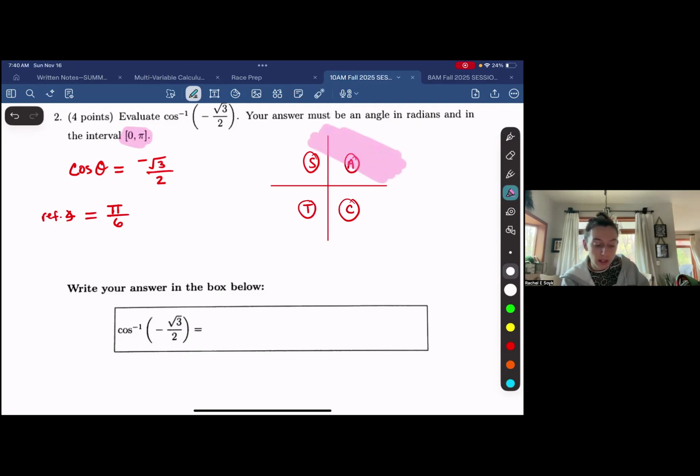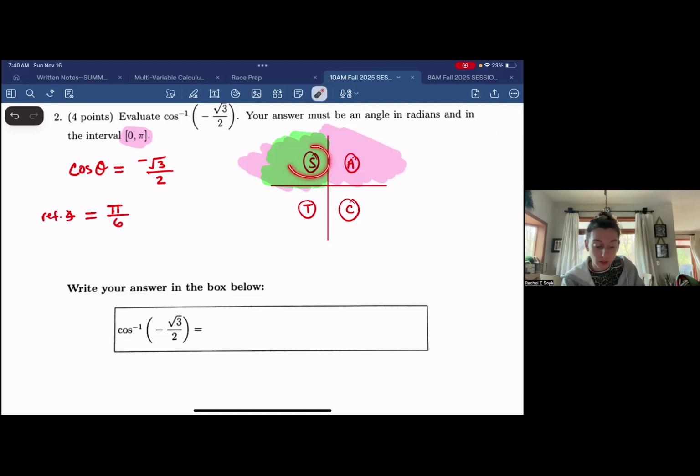So 0 to pi is quadrants 1 and 2. However, in quadrant 1, all trigonometric functions are positive. So quadrant 2 must be our answer, and it is indeed because only sine-related functions are positive in quadrant 2, which would make cosine negative.